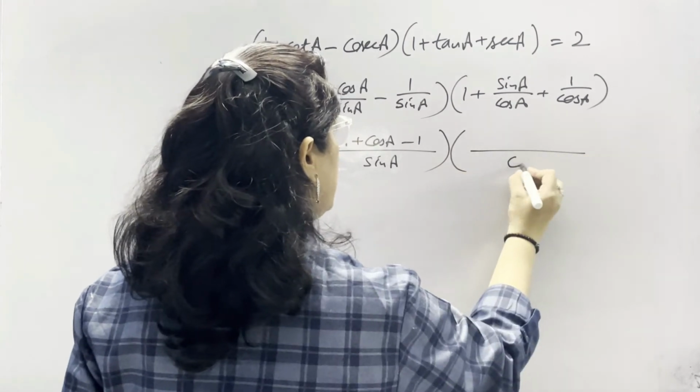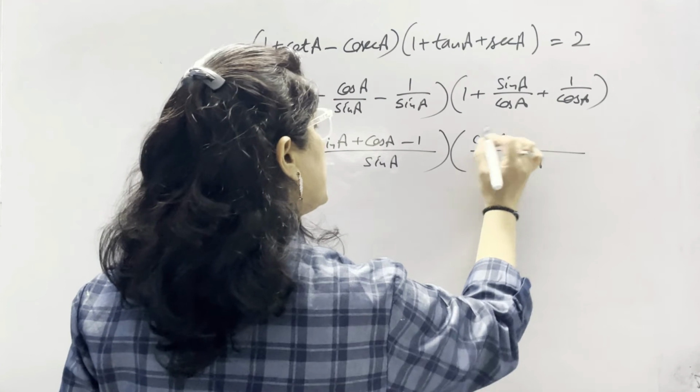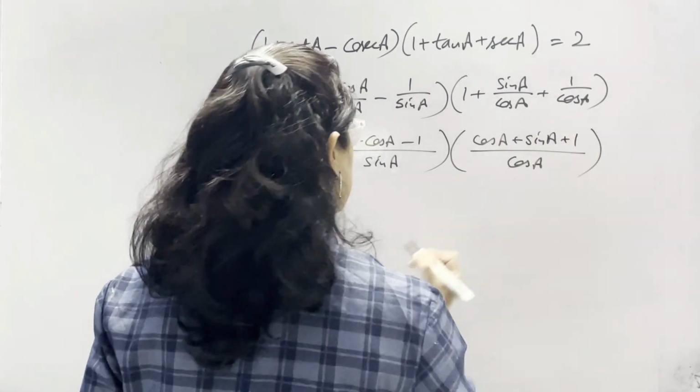Here taking the LCM, this is cos A. Cos A multiplied by 1 gives cos A, then sin A, then plus 1.